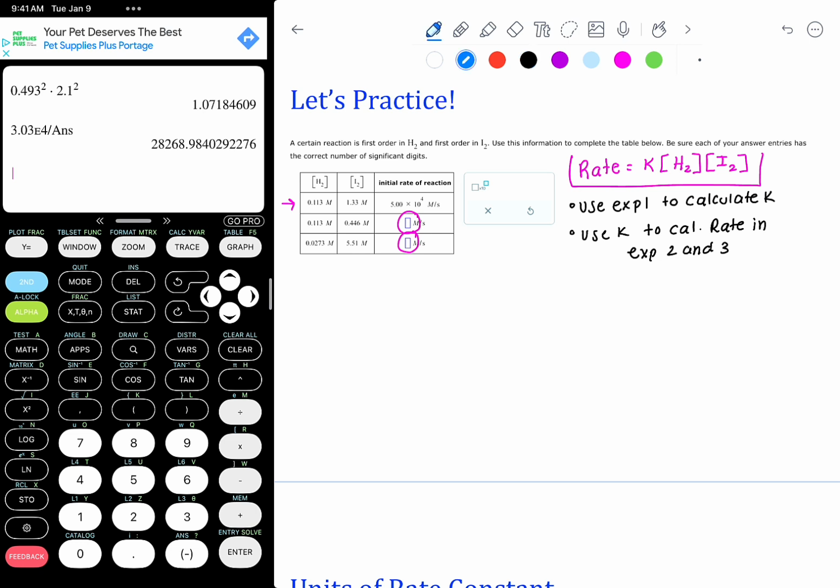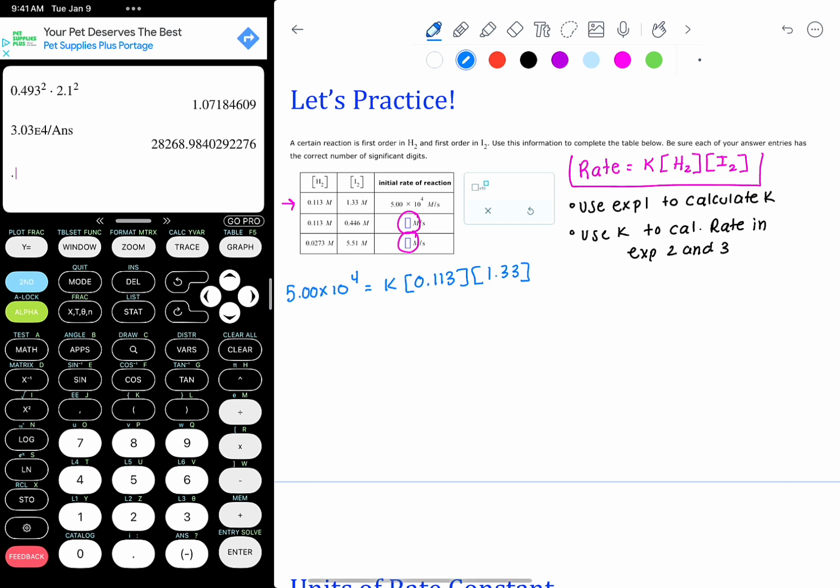So our first step is to use experiment 1 to calculate K, which we've done multiple times now. So we know the rate is equal to K times the concentration of H2 times the concentration of I2. And now we can just simplify.